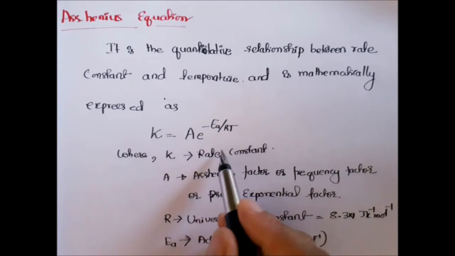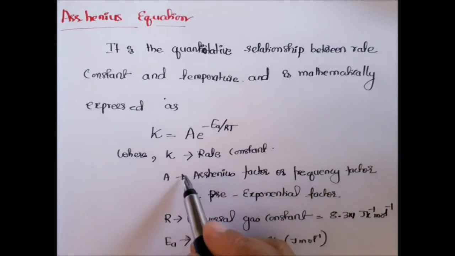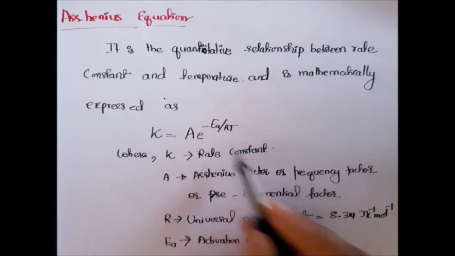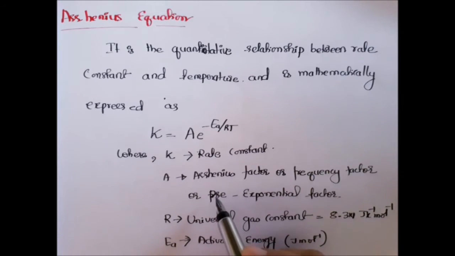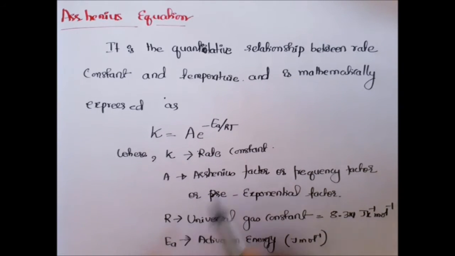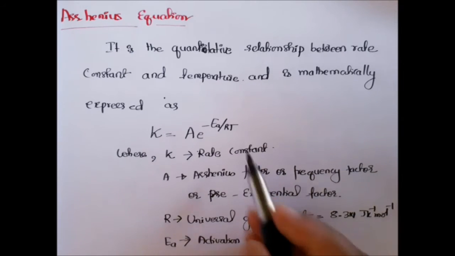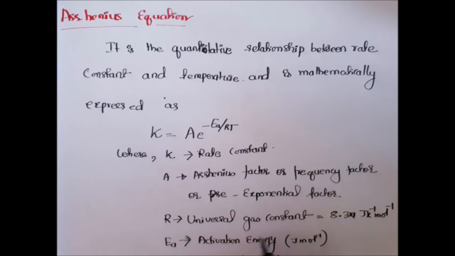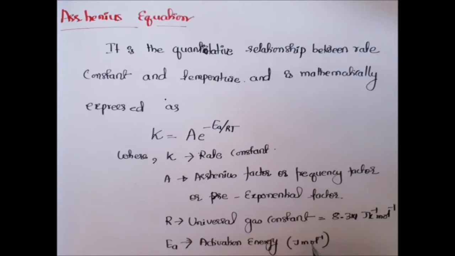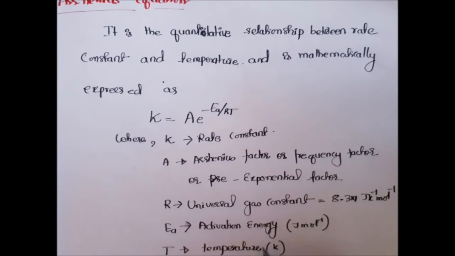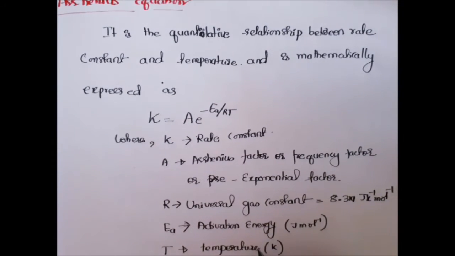Here k is the rate constant, A is the Arrhenius factor or frequency factor, also called the pre-exponential factor, and R is the universal gas constant, equal to 8.314 joule Kelvin inverse mole inverse. Ea is the activation energy in joule mole inverse, and T is the temperature in Kelvin scale.